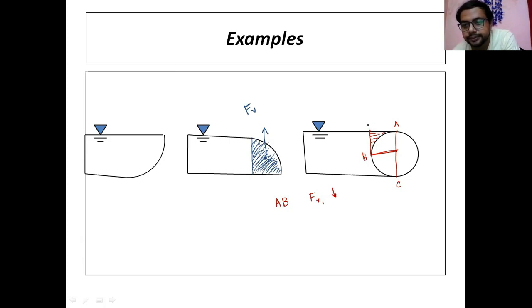And what is the area? If you consider the area on the other side, that is the area of A, B, B. If you consider the volume with rho and g, this is the force on the surface AB.